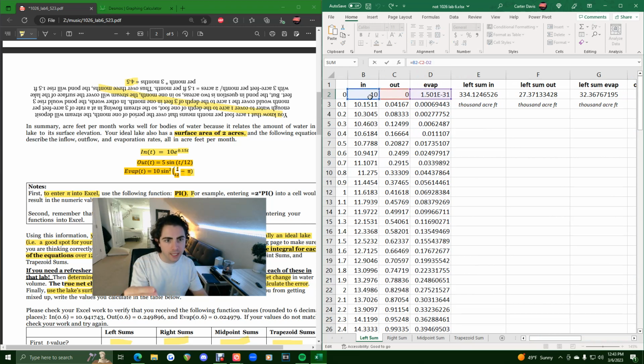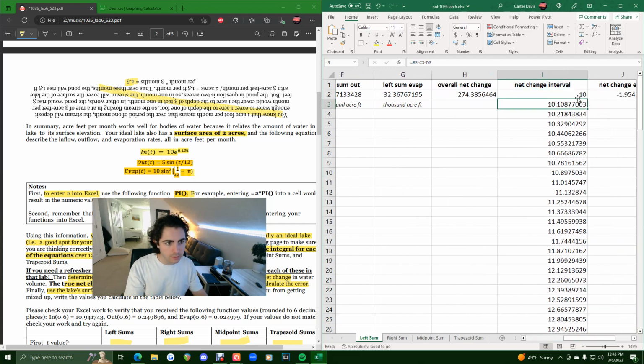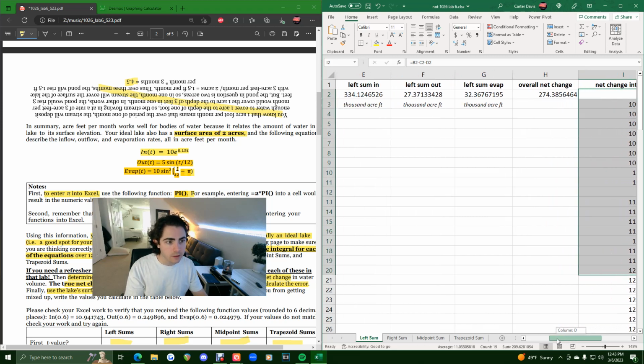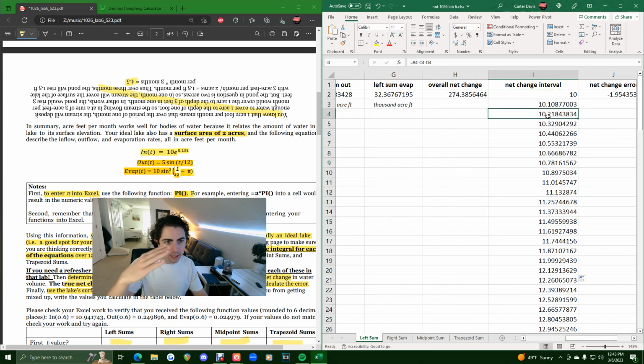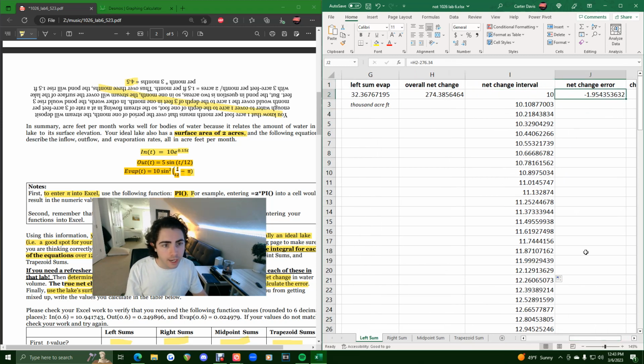So you're still doing in minus out, but you do it for just those individual cells. And then once you have that, you just drag this down to fill in all the rest of the values, all the way to the bottom, obviously. And basically it's calculating each time interval's net change. It sounds like it would have been clear by the name, but also I was confused, so sorry.